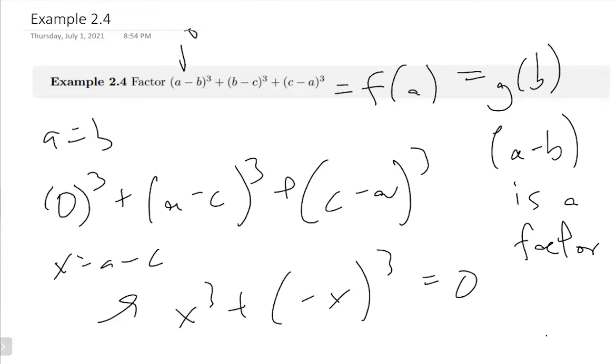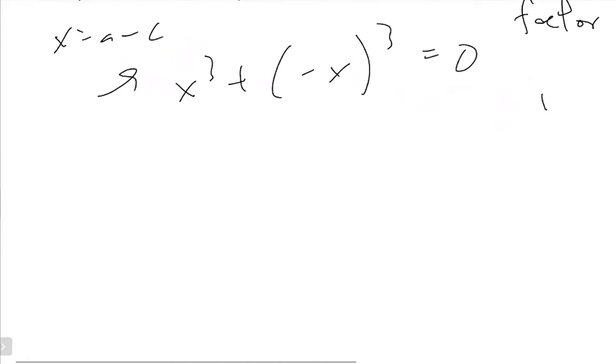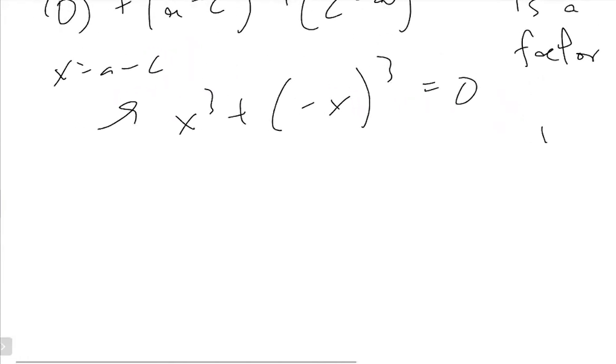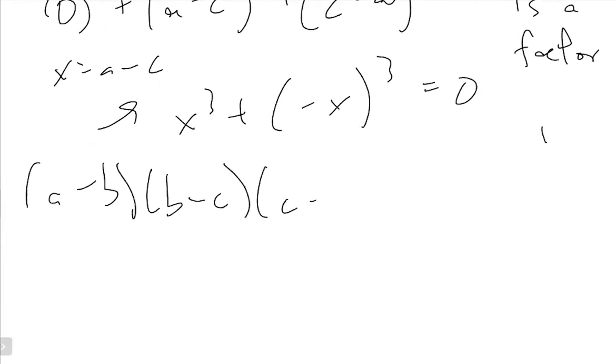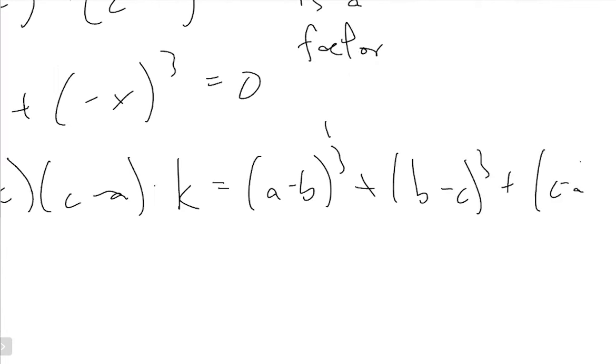So far, we have established that the factors are A minus B, B minus C, C minus A. So this is equal to K times A minus B, B minus C, C minus A, and this equals A minus B cubed plus B minus C cubed plus C minus A cubed.